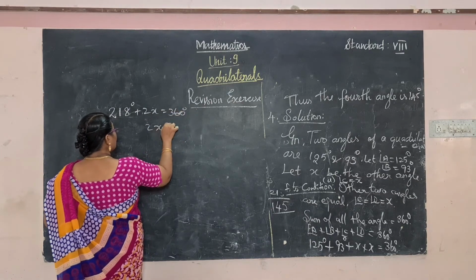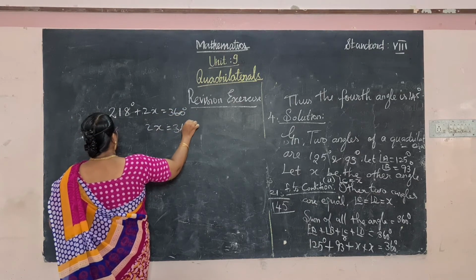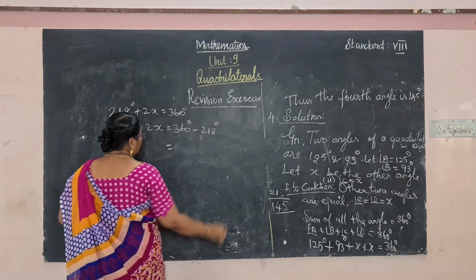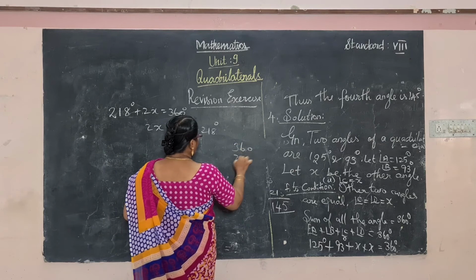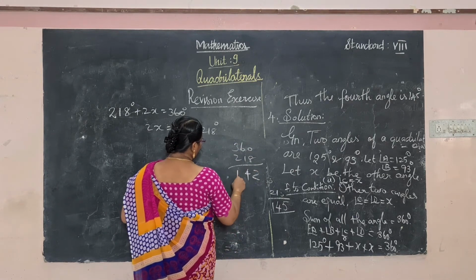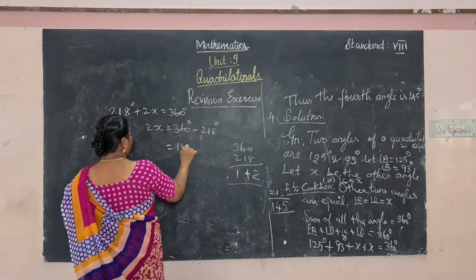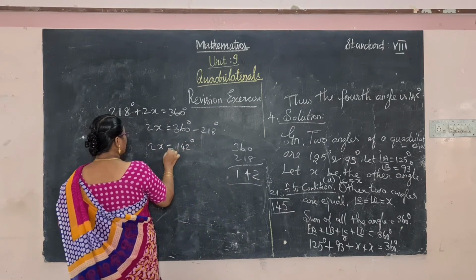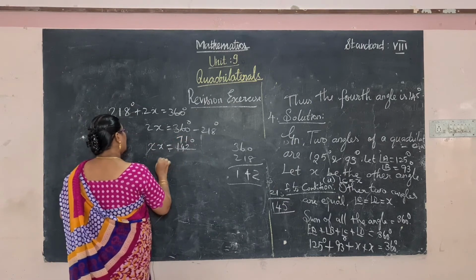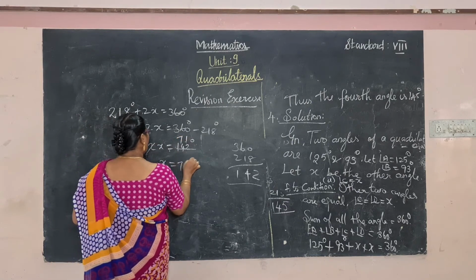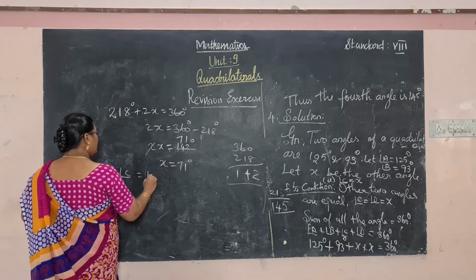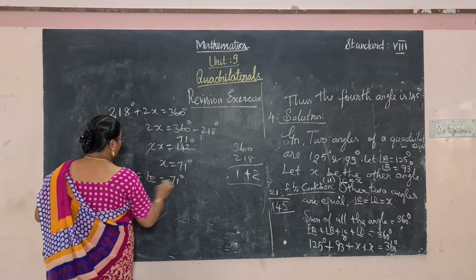So 2x equal to 360 degree minus 218. Subtract, what we get, so 142 degree. So 2x equal to 142 degree. So 2 cancel, 71. So x equal to 71 degree. Therefore angle C is equal to angle D is equal to 71 degree.